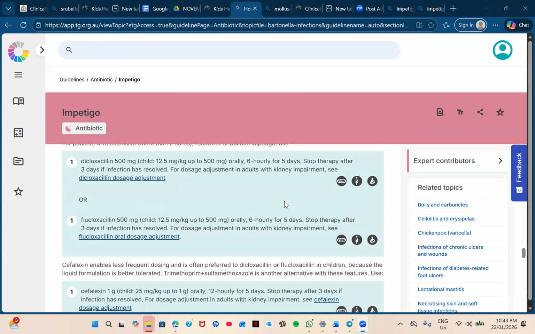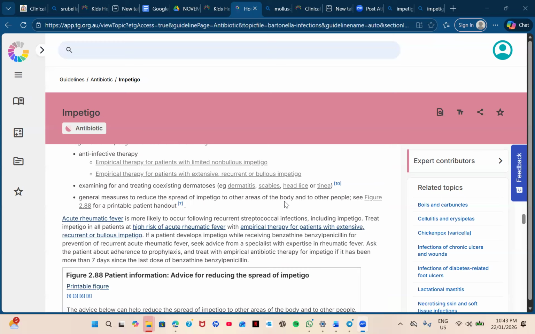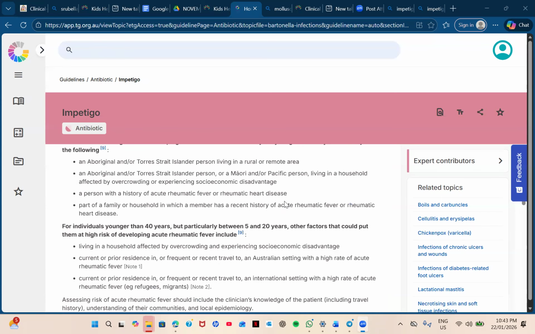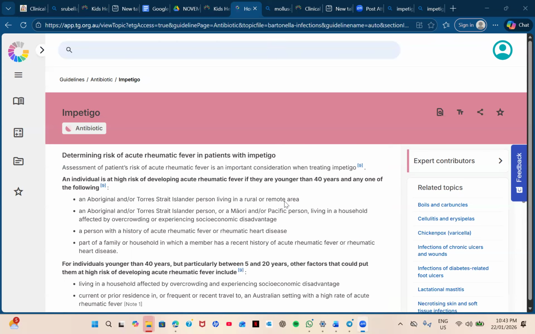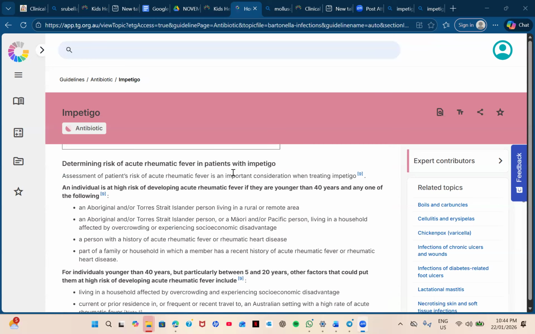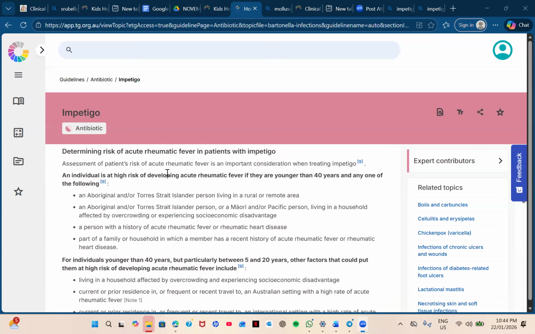Okay, and this is a new part. They have added something about risk factors for rheumatic fever in patients with impetigo. Let's read a little bit about it. Assessment of a patient's risk of acute rheumatic fever is an important consideration when treating impetigo.